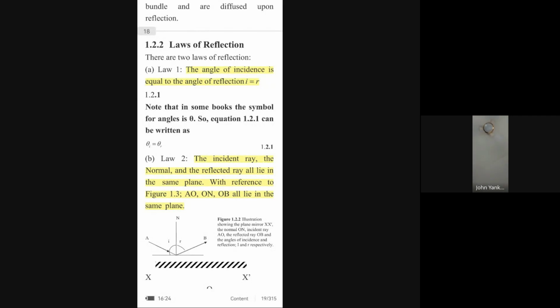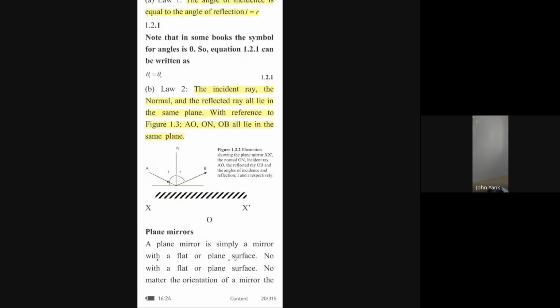All these three rays, the incident ray, the normal, and the reflected ray, are all lying on the surface of your paper. Another name for a surface is a plane. The surface of a table is called a plane. When you draw these rays on your paper, all three rays lie on the surface of your paper.